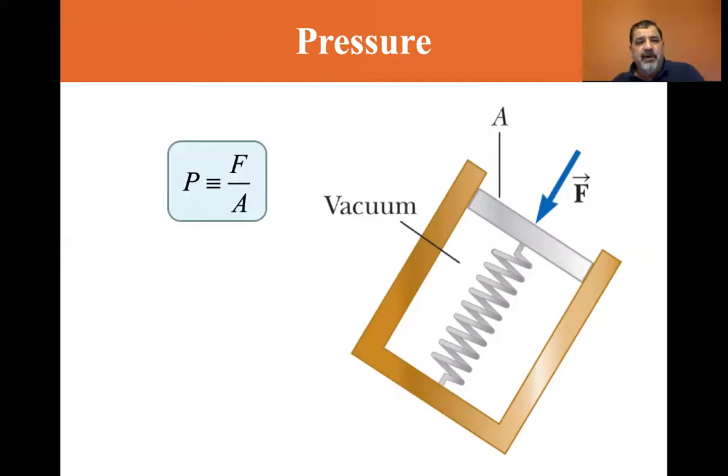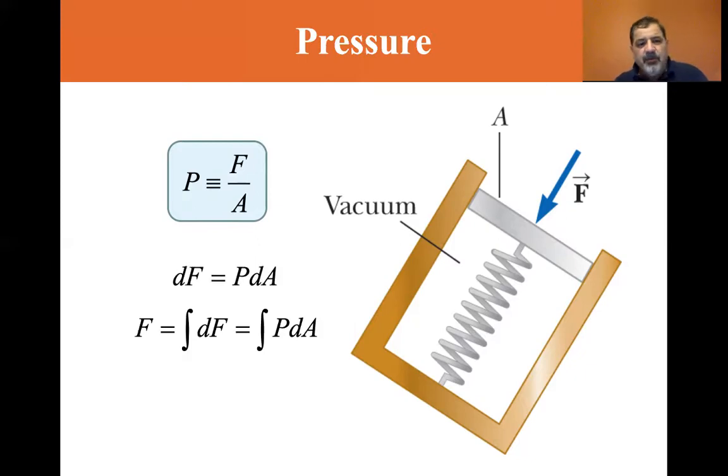If you just look at a small portion of it, dF is equal to the pressure times dA, the small bit of area. So the force is equal to the integral of all the little forces, which is the pressure times all those little areas.